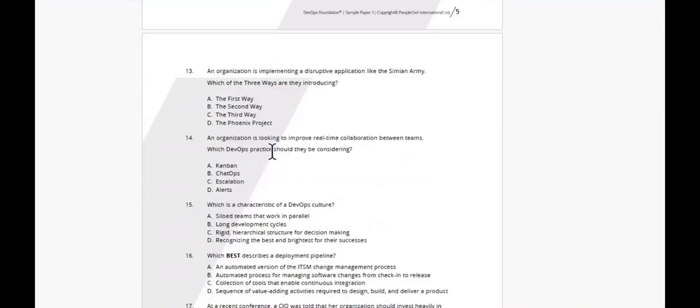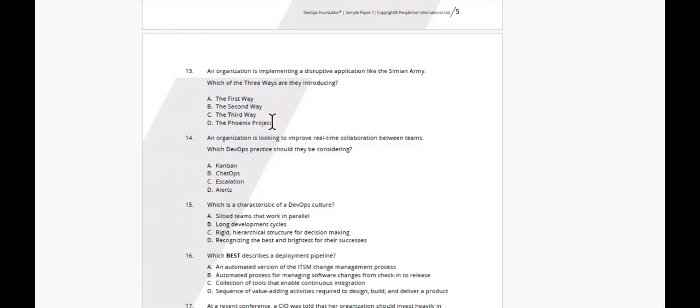Okay. 13, an organization is implementing a disruptive application like the Simian Army. So you may recall the Simian Army has to do with chaos engineering. Which of the three ways are they introducing? The first way, the second way, the third way, or the Phoenix Project?